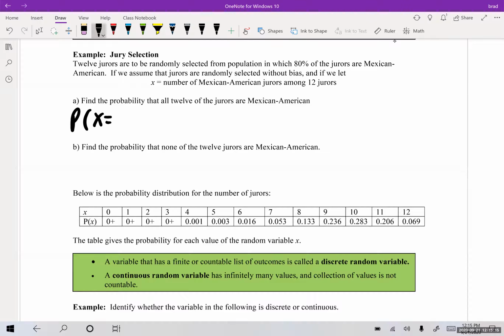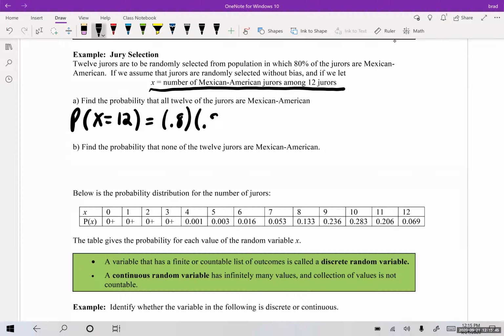Okay, so right now we're going to say probability that X equals what? Probability that all 12 of the jurors are Mexican American. Probability that X equals 12. So in this case, X equals the number of Mexican American jurors among the 12. So when we say X equals 12, we're saying the probability that all of them chosen for this jury are Mexican American. So what's the chance that the first juror is Mexican American? 0.8.